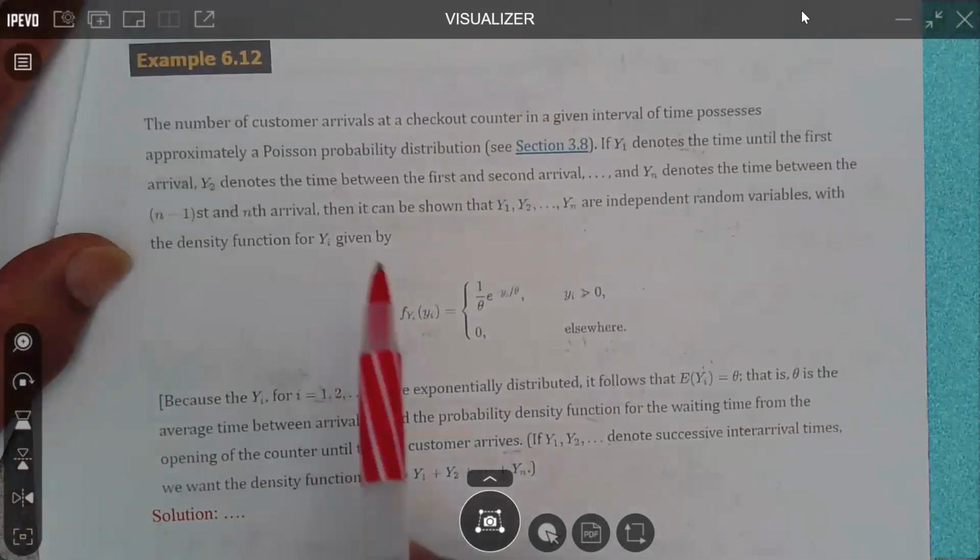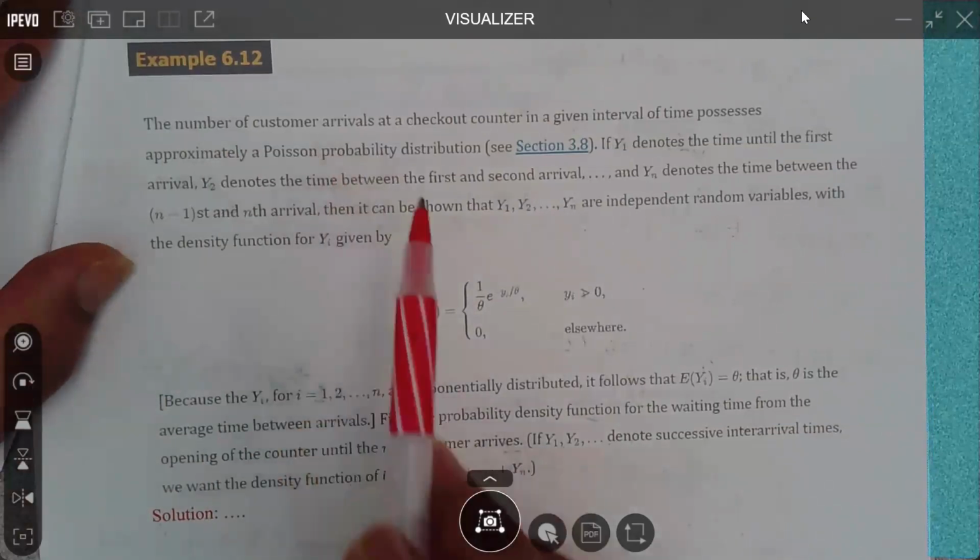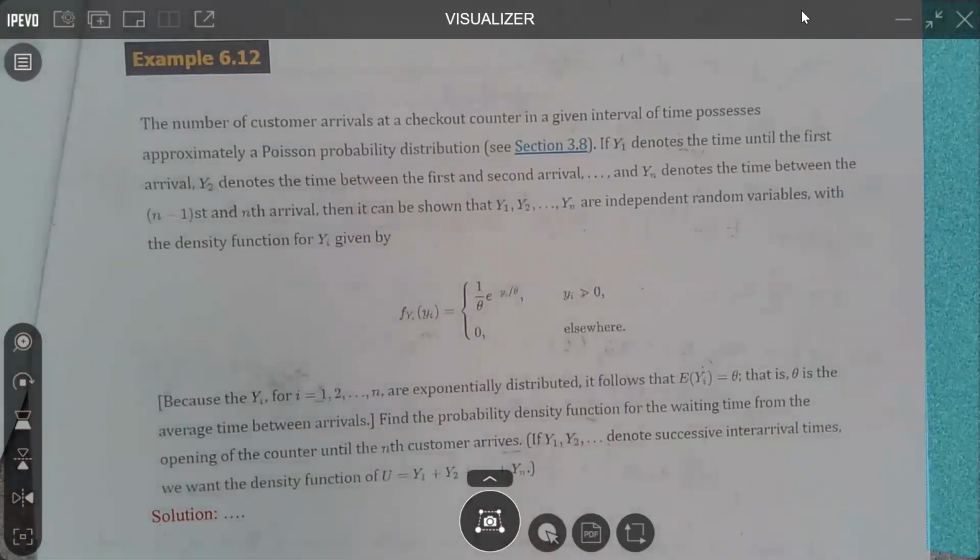Now, in this problem, the number of customers arriving at a checkout counter in a given interval of time possesses approximately a Poisson probability distribution. If y1 denotes the time until the first arrival, and y2 denotes the time between the first and second arrival, then y2 is the time of arrival for the second person.